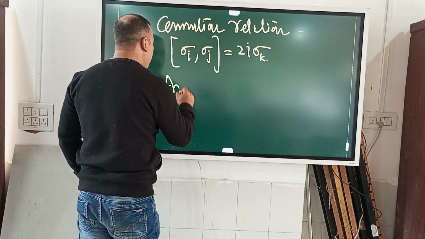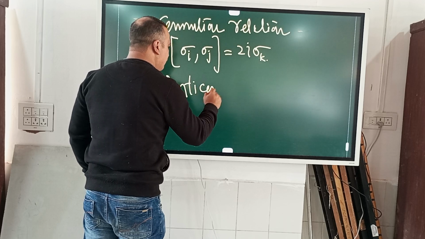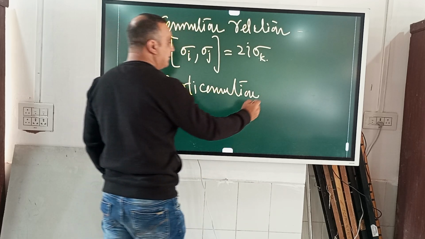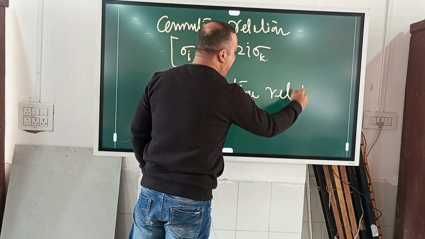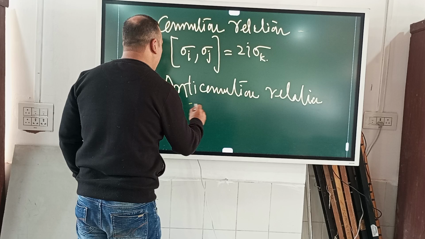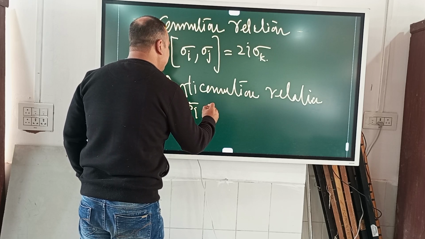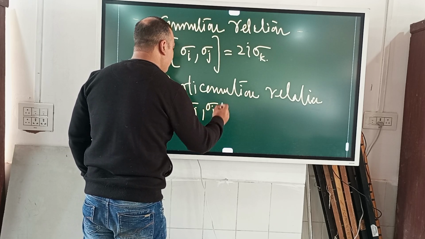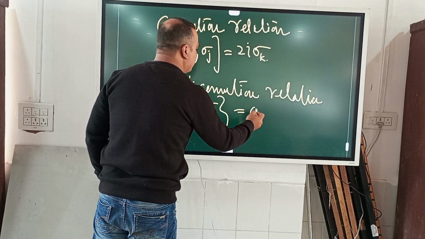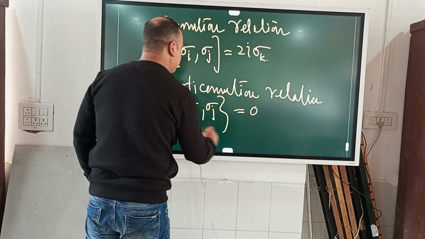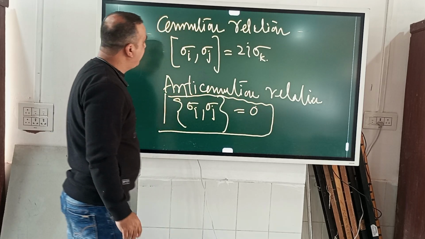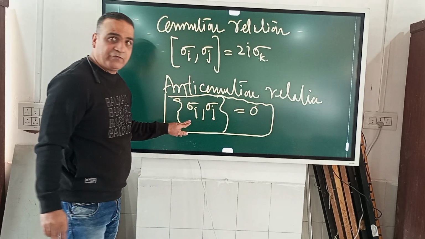For the anti-commutation relation between these Pauli spin matrices, they anti-commute with each other. So for that, sigma i, sigma j equals 0. Okay, now this is the one framework.